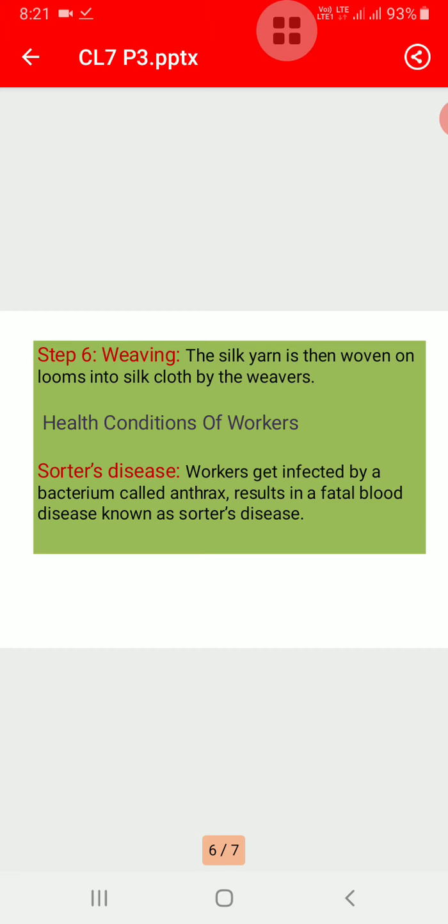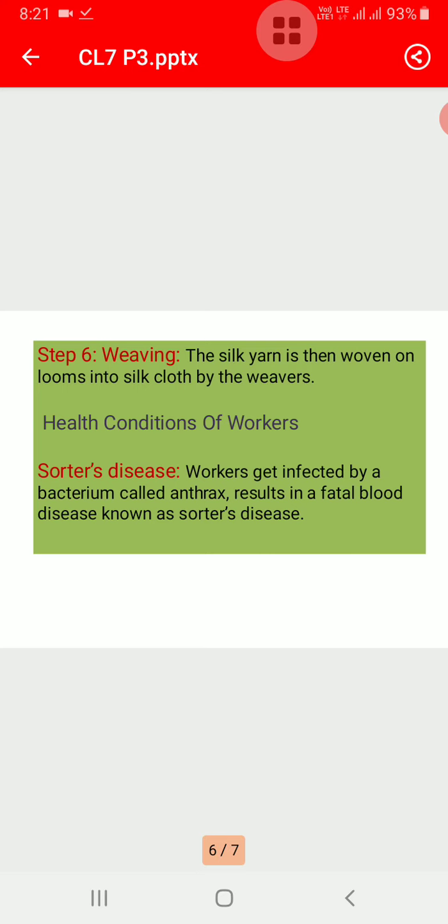Workers employed in almost all processes of the sericulture industry are adversely affected by a number of diseases. Number 1, Sorter's disease. People working in the wool industry sometimes get infected by a bacteria called anthrax. It leads to a fatal blood disease called Sorter's disease.